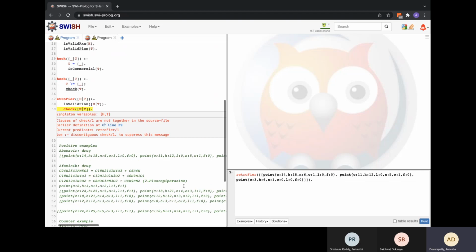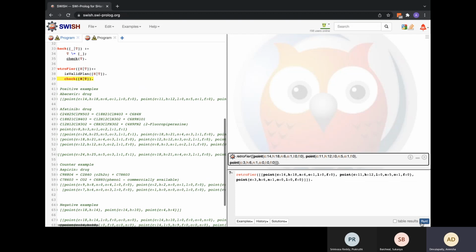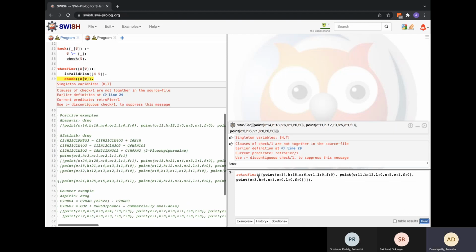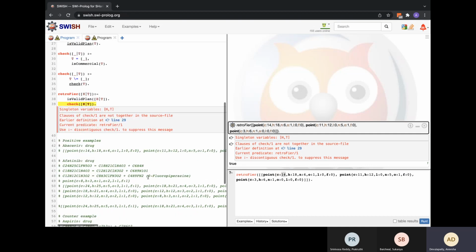So one of the examples that we show here, like mentioned, we represented the molecules in the form of Prolog's dictionary, where each atom and its corresponding number of atoms present in the molecule are represented. This is satisfied because all the rules that correspond to the reaction have been satisfied.